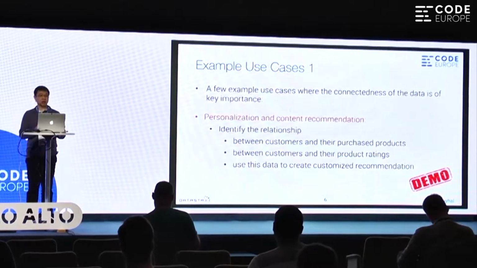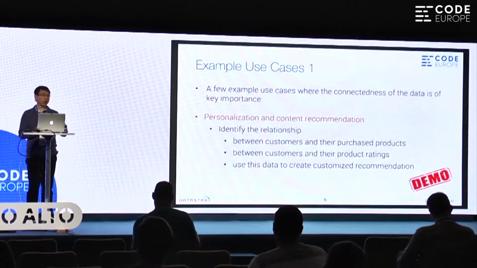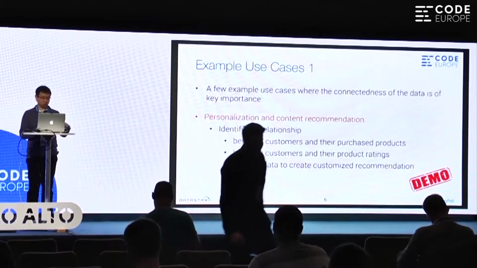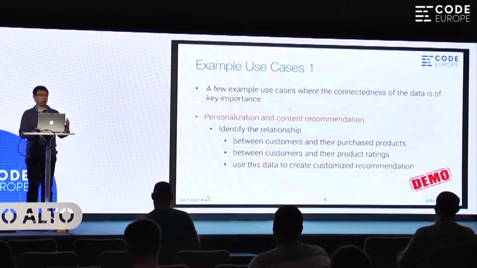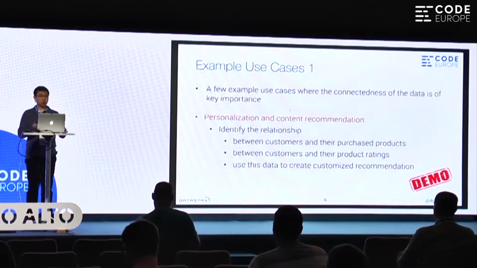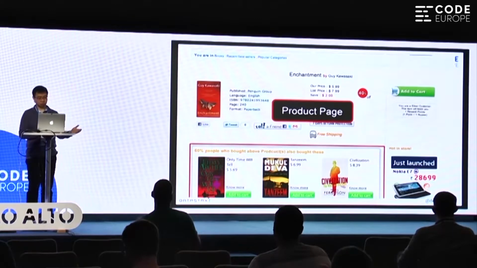So you want to identify the relationship between the customer and what they have purchased as products, and for every product they have purchased, how many stars or what is the rating they gave to those products. And then with all those data, you try to find the best product to recommend to them, right?